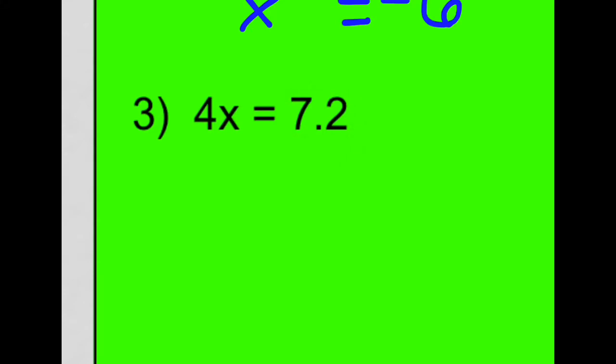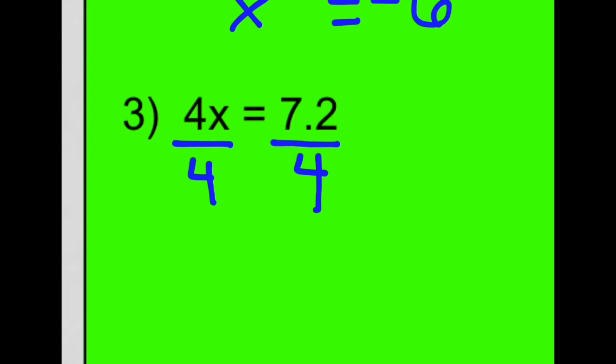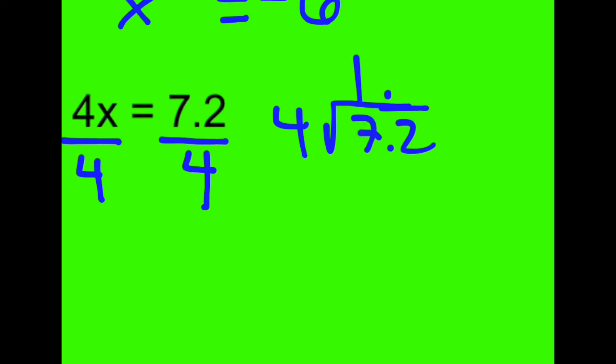To solve it, since it's multiplying, you divide both sides by 4. Make sure you make a fraction. Now, we might need to do a little long division here to solve this. So I'll just go over to the side. There's a decimal in the answer right there. 7 divided by 4 is 1. 1 times 4 is 4.